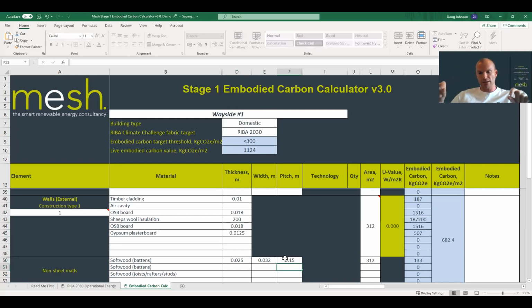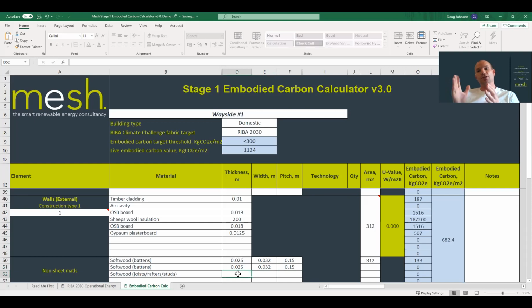This is the pitch of the battens on the outside. The battens on the inside, for argument's sake, are the same as the outside. We'll just use the same numbers. You may be creating a service void behind the plasterboard that you can run services up, on a similar kind of pitch.